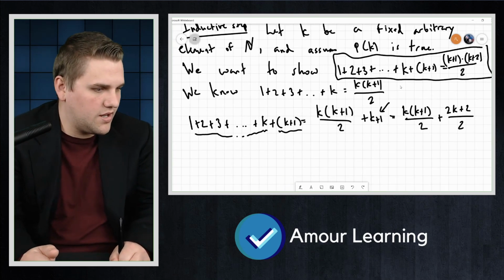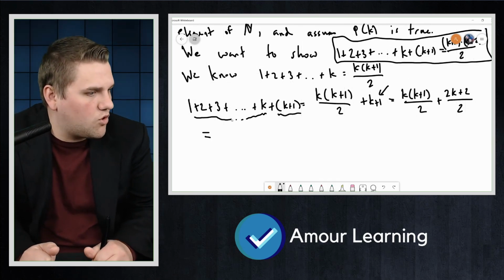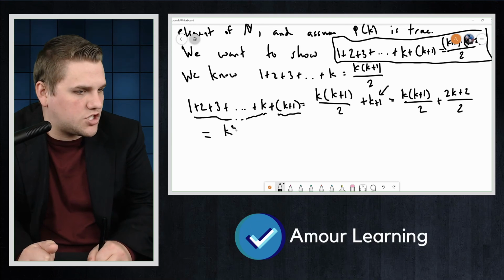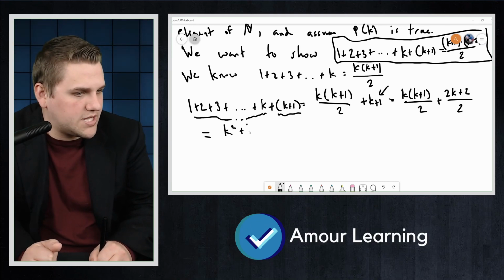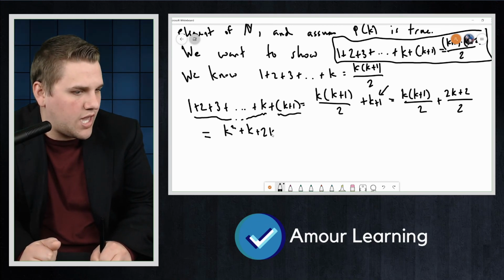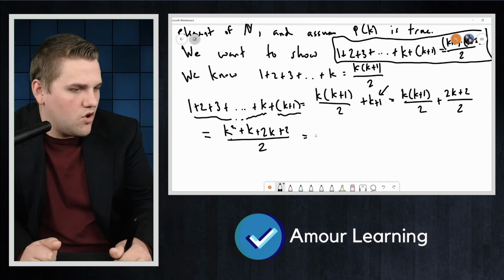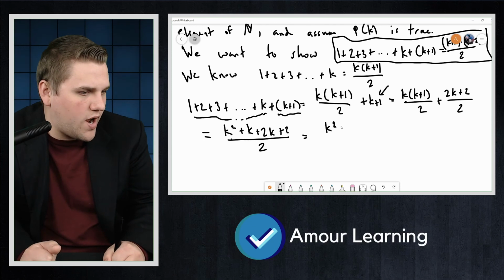Let's see if we can keep going here. That's equal to k squared plus k plus 2k plus 2 all over 2, which is k squared plus 3k plus 2 all over 2.